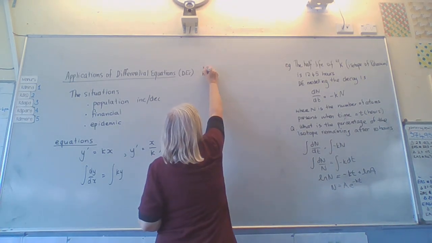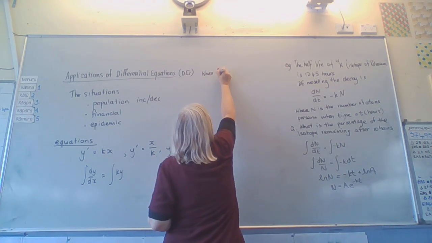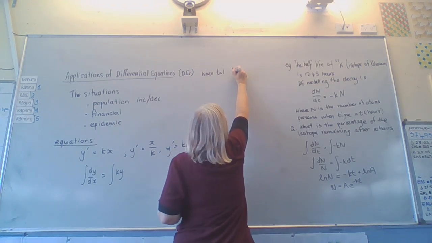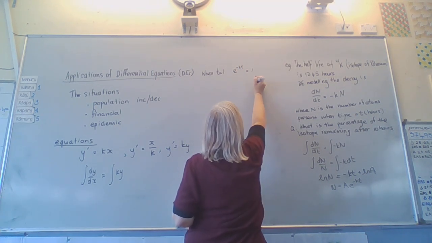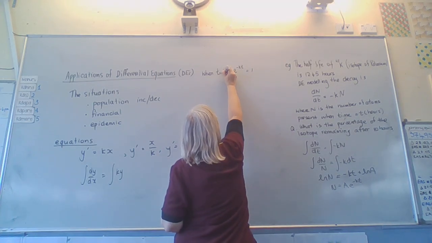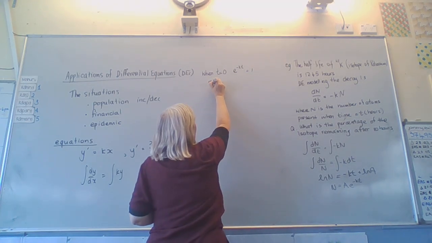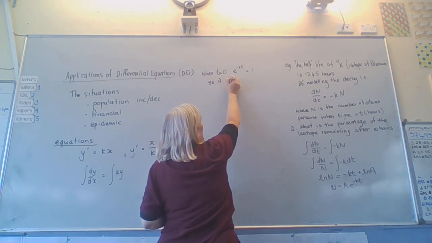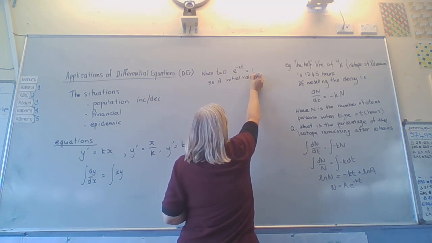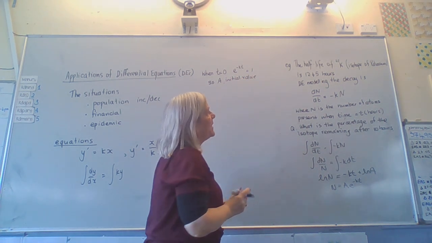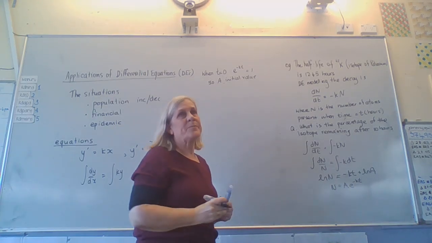So when t equals 0, e to the negative kt is going to equal 1, sorry. So A is our initial value. Sometimes they'll give it to you, sometimes they won't. It depends on how hard they want to make it. All right.